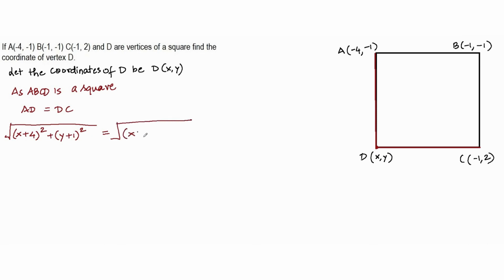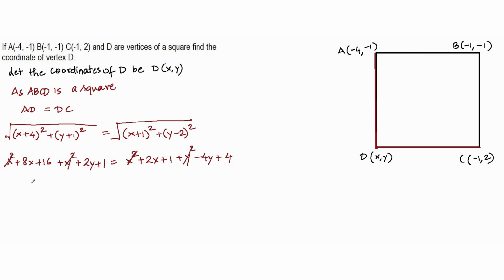DC is under root of x plus 1 the whole square plus y minus 2 the whole square. Squaring both sides and opening up the brackets, we get x square plus 8x plus 16 plus y square plus 2y plus 1 is equal to x square plus 2x plus 1 plus y square minus 4y plus 4. Now I can cancel out x square and y square from both sides.